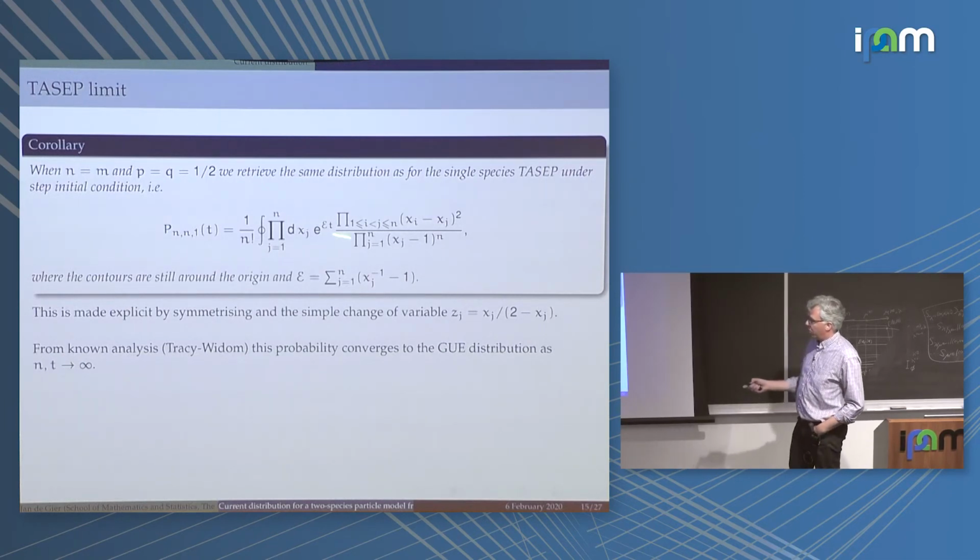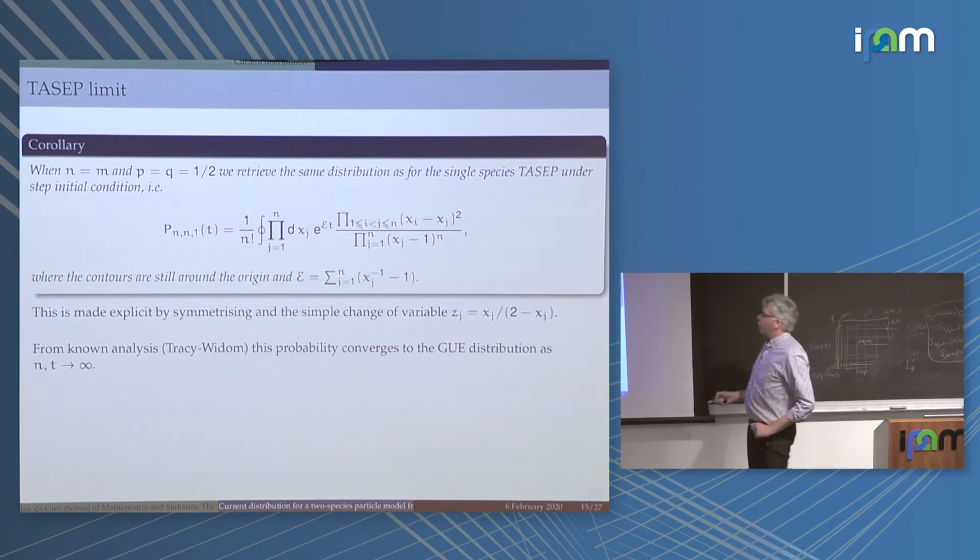So with some details, you can show that this is exactly the same as the proper current distribution you will get for TASEP, where you have one family.